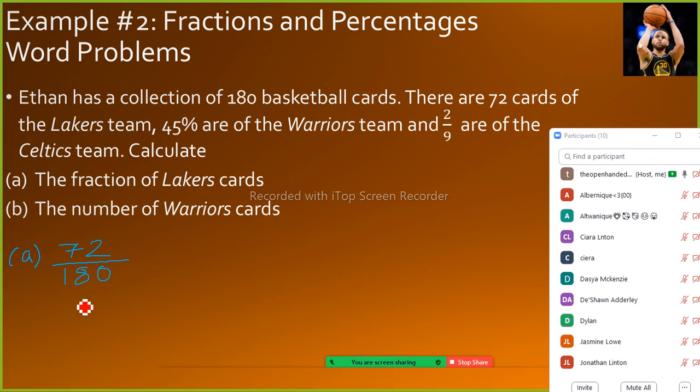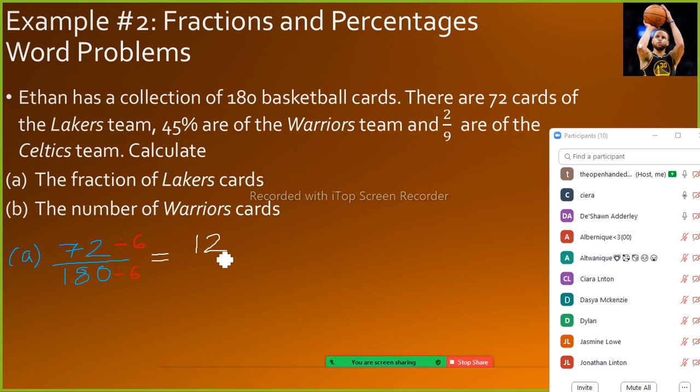Yes, go ahead, Albany. 6. 6, very good. So if we divide 72 by 6, and if we divide 180 by 6, we get... this is equal to... Sierra, what is 72 divided by 6? 12. Very good.